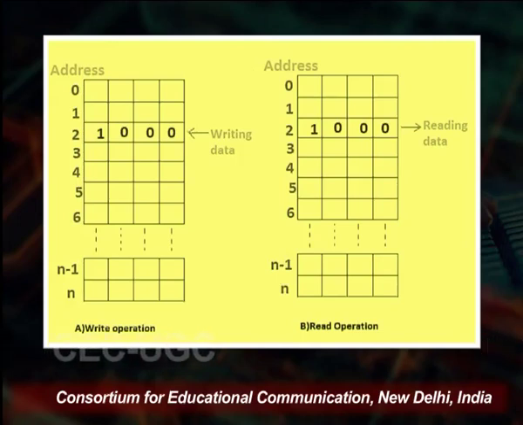On the left it is a write operation, where we have n minus 1 up to n, and on the right hand side we have the read operation. You see the writing operation 1 0 0, these are the locations of the memory, and here on the right hand side is the location of the reading data. So in this way we store the data in different locations through a particular address.